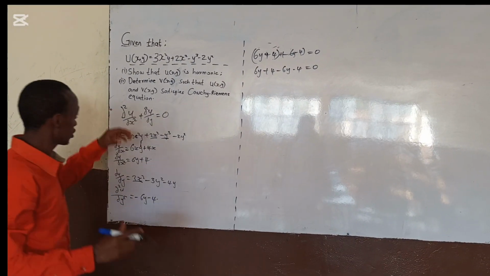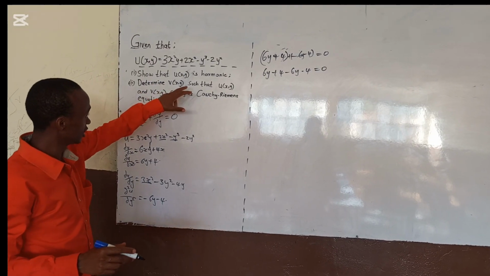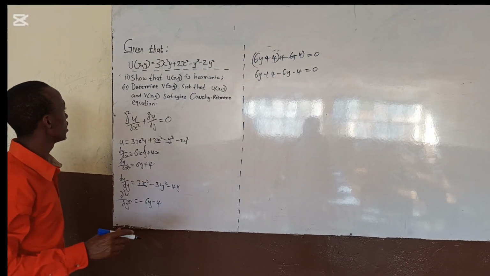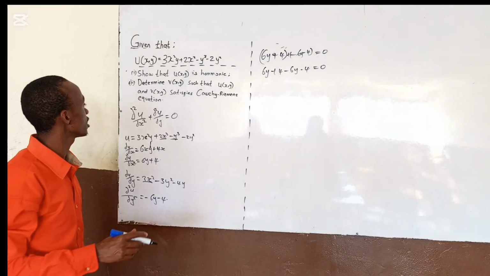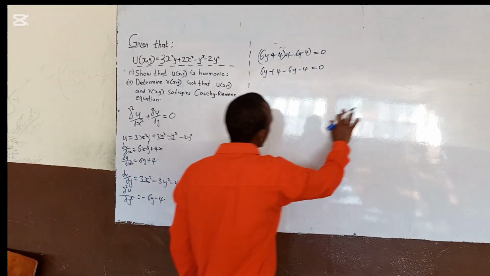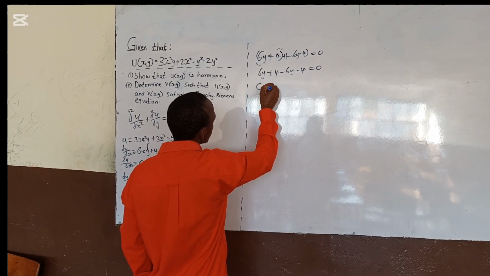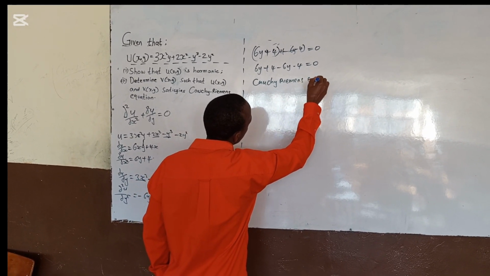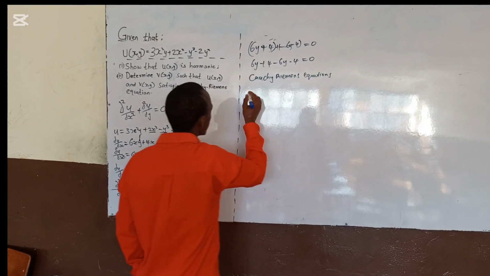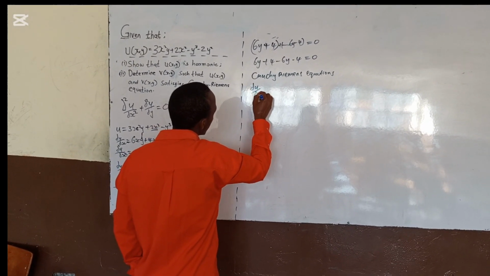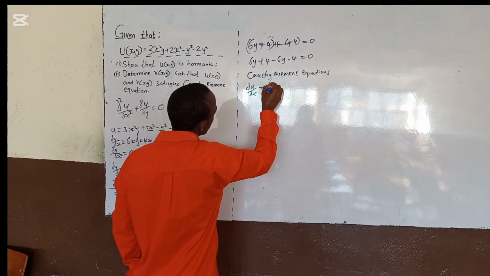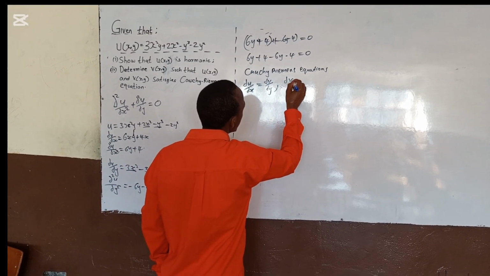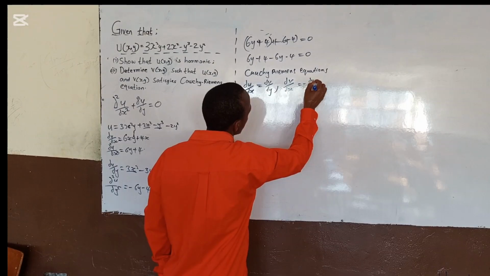Now, number 2: we are told to determine v(x, y) such that u(x, y) and v(x, y) satisfy the Cauchy-Riemann equations. For the Cauchy-Riemann equations, we have du/dx equals dv/dy, and dv/dx equals negative du/dy.